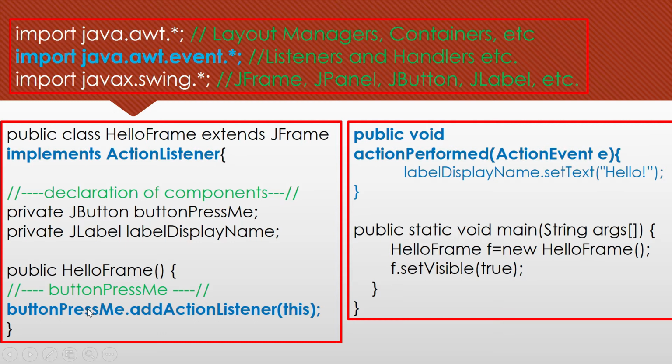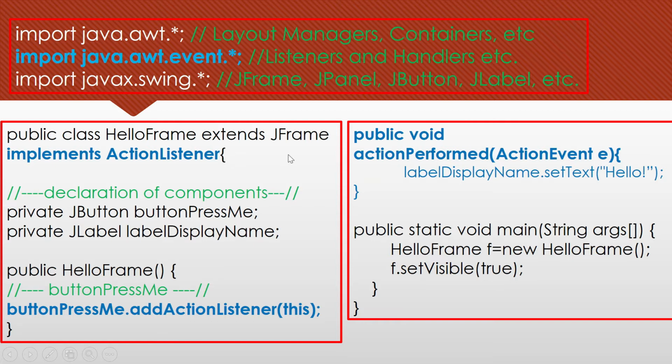Second step, register the source with the listener. So the source here is the button Press Me dot, and the method used is addActionListener since its implemented listener is ActionListener, and the instance of the class, this. And the third step is implementing the method.